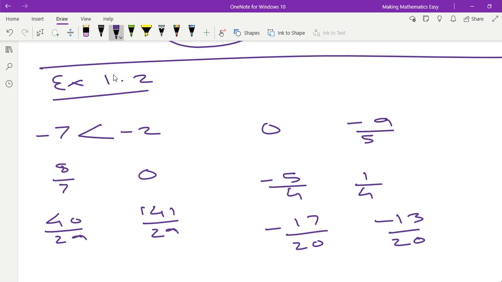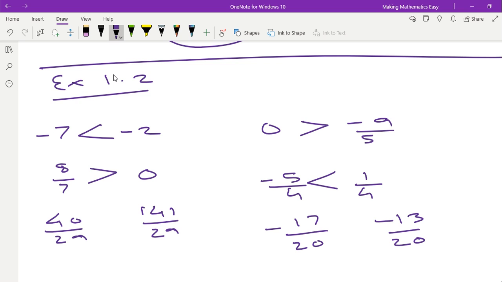And if you compare 0 and a negative number, 0 would always be greater than that negative number. So in this case, 0 is greater than -9 upon 5. And if you see over here, a positive number and 0, the positive number would always be greater because it always comes on the right hand side of 0, so obviously that will come first when we go from right to left. Between a positive and a negative number, this should be easy. A positive number is always the bigger number.